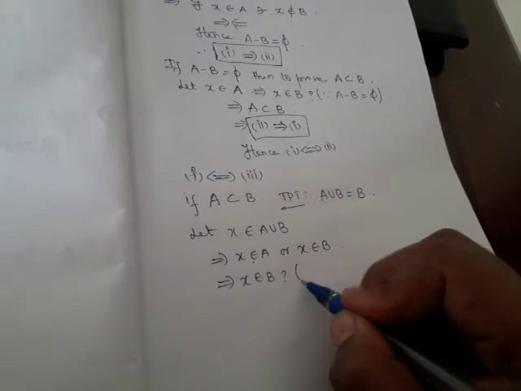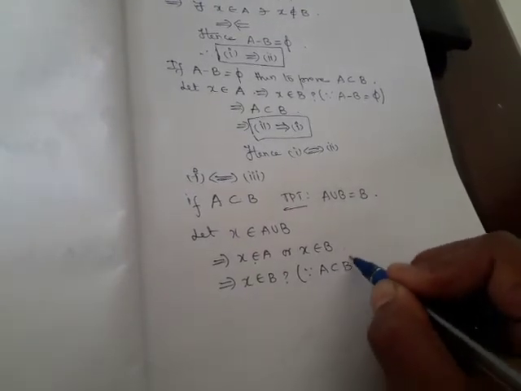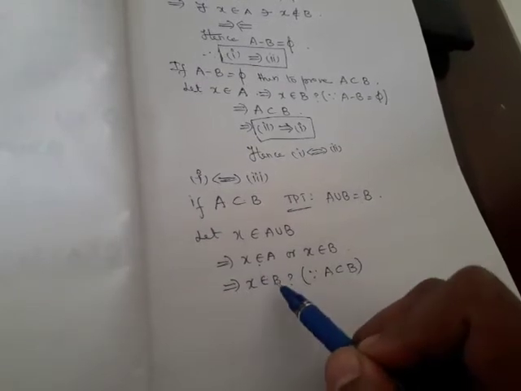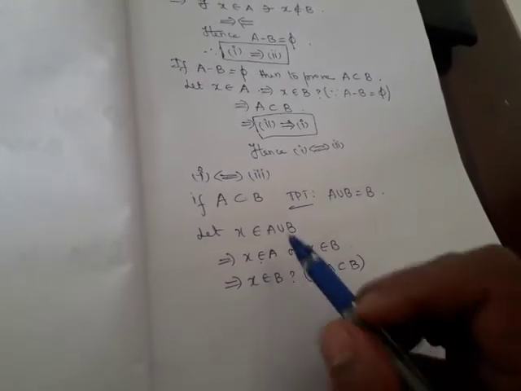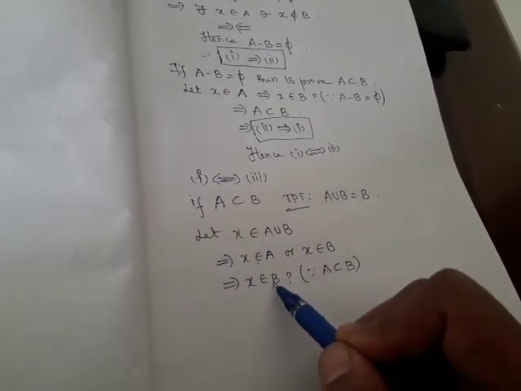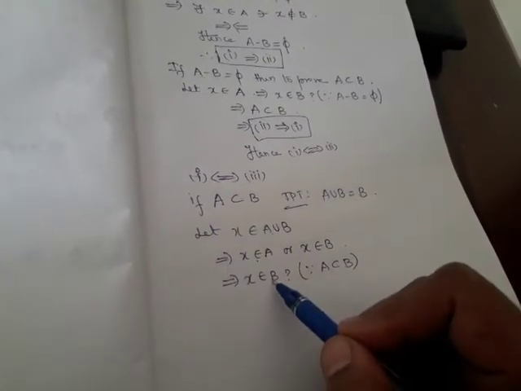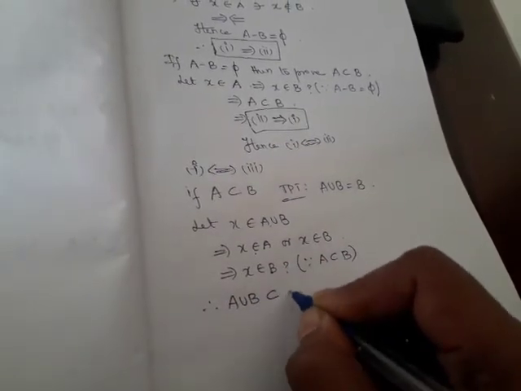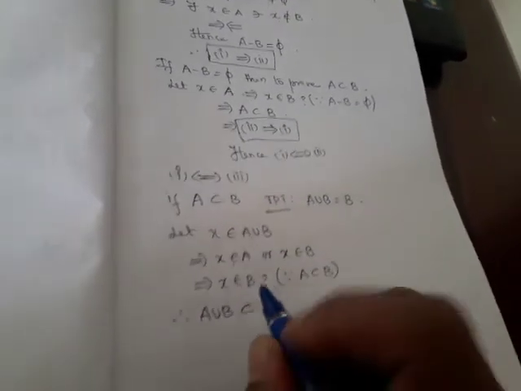Because A is a subset of B, all the elements in A will be available in B. Therefore, we started with an element in A union B and ended by saying that the particular element is available in B as well. So, therefore, A union B is a subset of B, right?